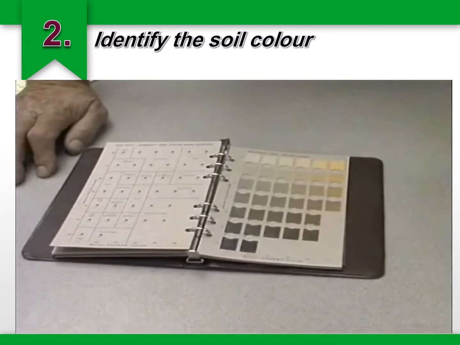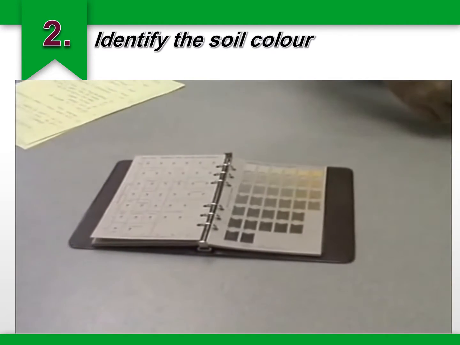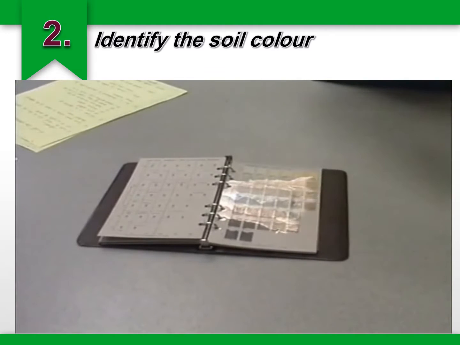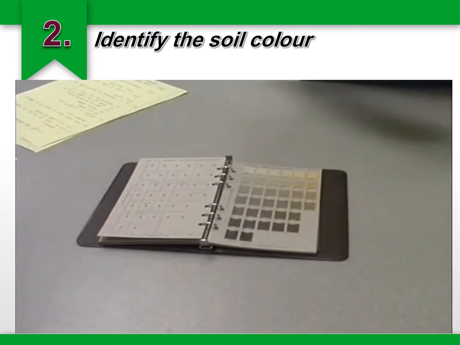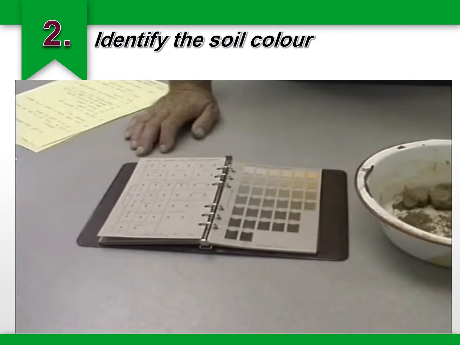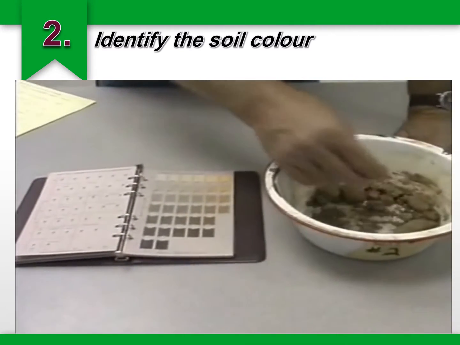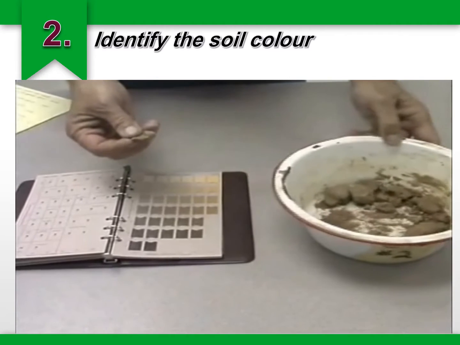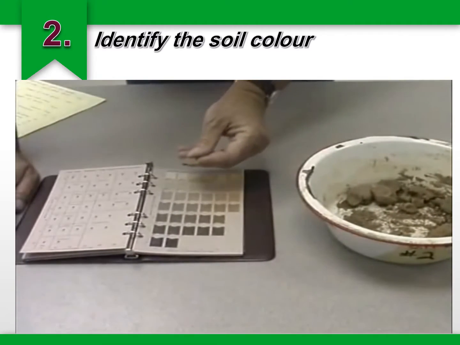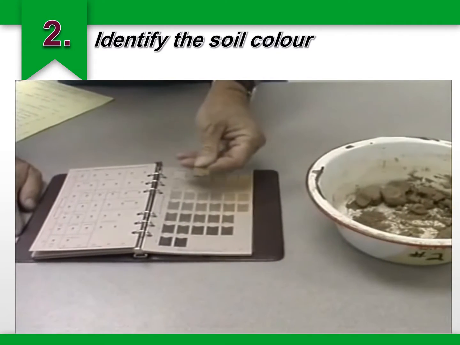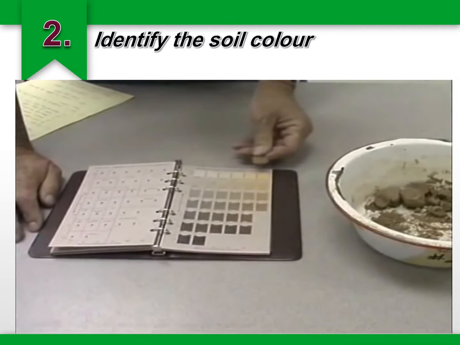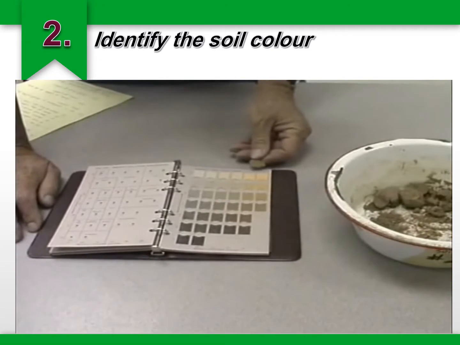Now, if I look at sample number 2, upon initial observation, sample number 2 appears to be much lighter in color than sample number 1. Yet it still has a hue that's going to fall within this page of 10 YR.